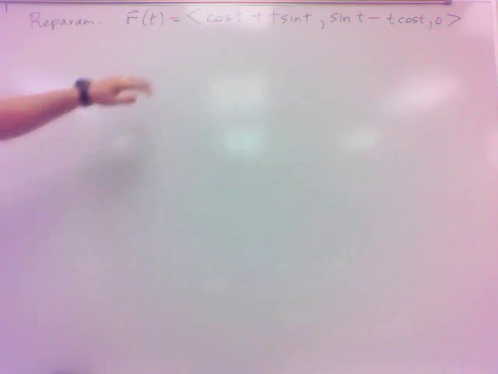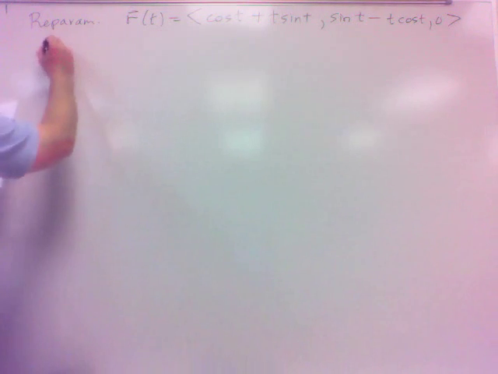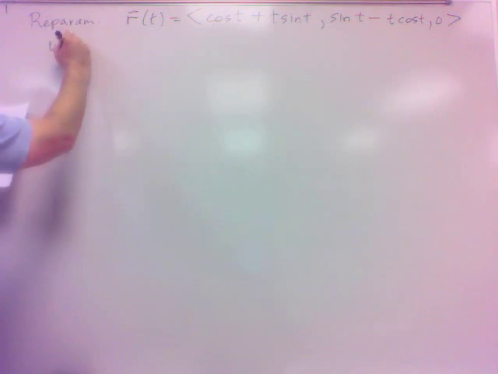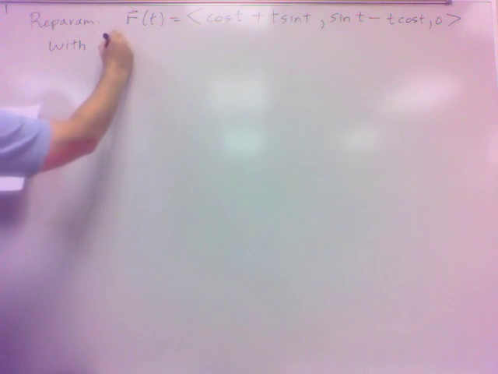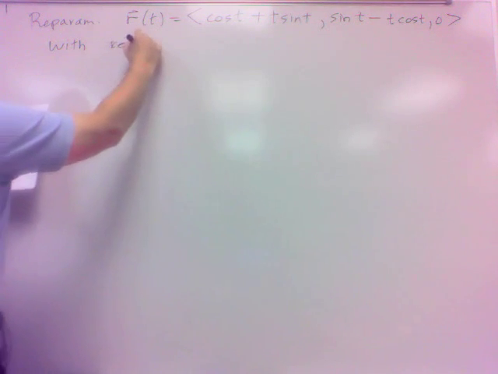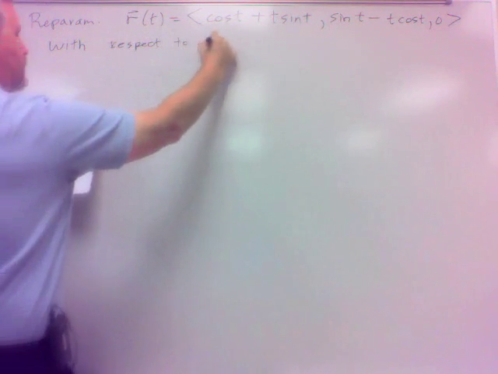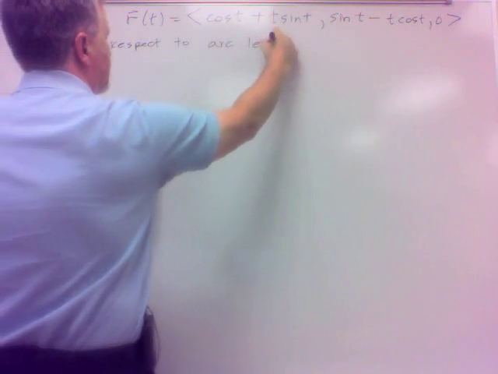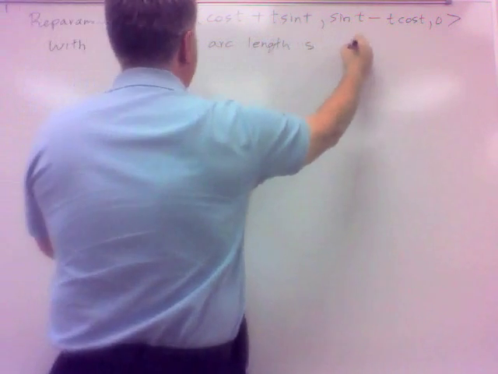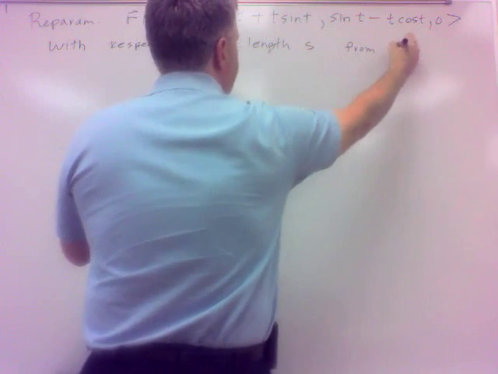That's what we did with the arc length before. We chose nice functions. So reparameterize that with respect to the arc length s, going from t equals 0.